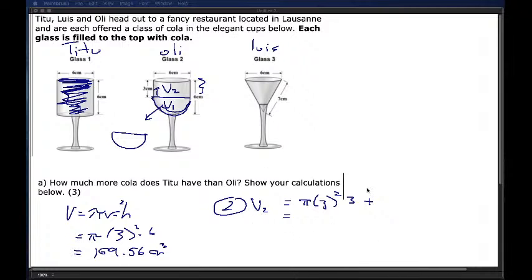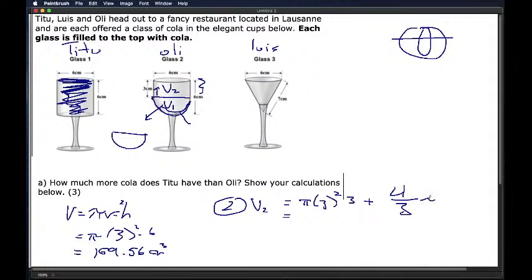So for this piece here, we have half a sphere, like a soccer ball. If you want half of one, you take your 4/3 pi r cubed, which is the volume for a whole sphere, but we have to divide that by 2 because the lower part of this glass is half of one.